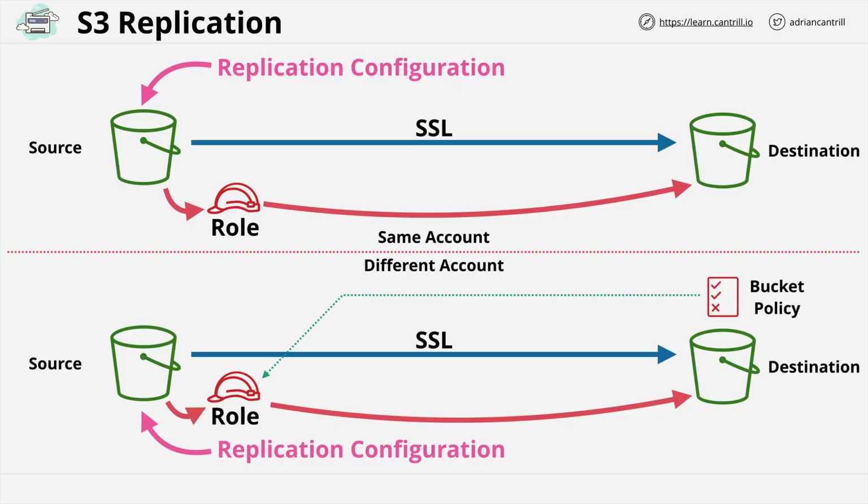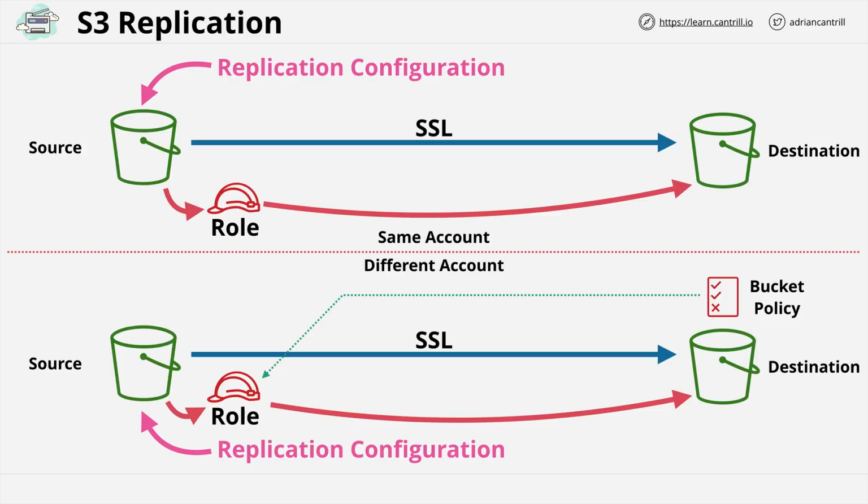So you're using a bucket policy, which is a resource policy, to define that a role in a separate account can write or replicate objects into that bucket. Once this configuration is applied, so either the top configuration if it's the same account or the bottom if it's different accounts, then S3 can perform the replication.